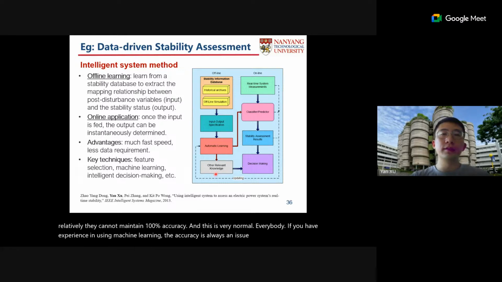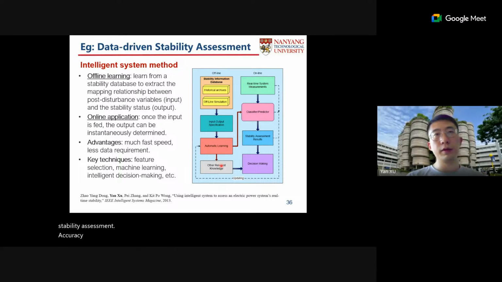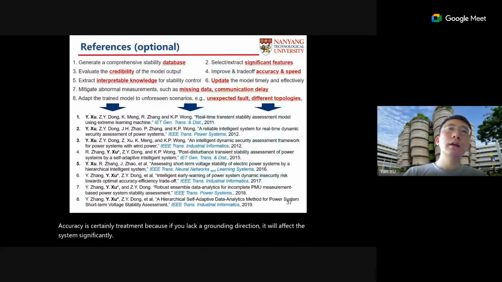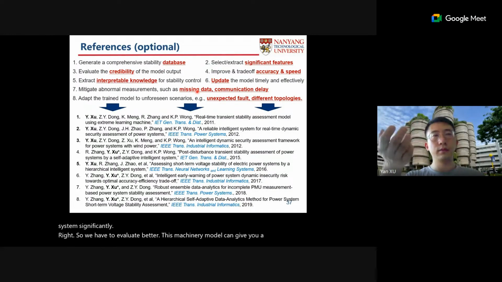For power system stability assessment, accuracy is certainly critical, because if you make a wrong decision, it will affect the system significantly. So we have to evaluate whether this machine learning model can give you a credible output or not. This is a very important concern.